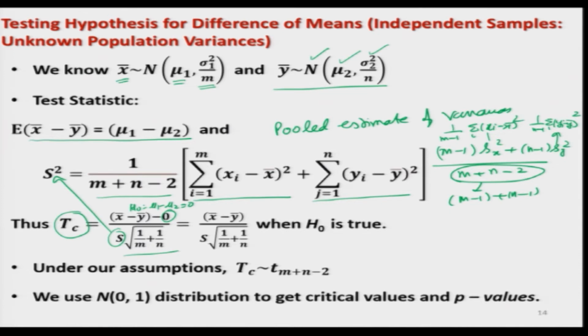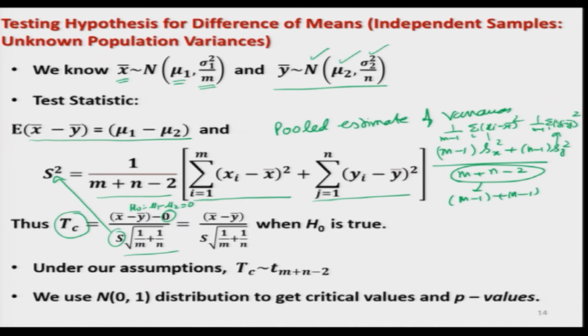But now, for estimating the variance, we use the pooled estimate of variance. We compute the summation i goes from 1 to m of xi minus x bar whole square plus summation j goes from 1 to n of yj minus y bar whole square, divided by m plus n minus 2.